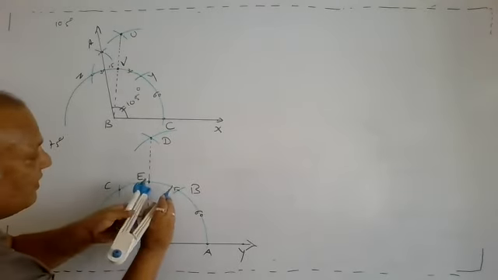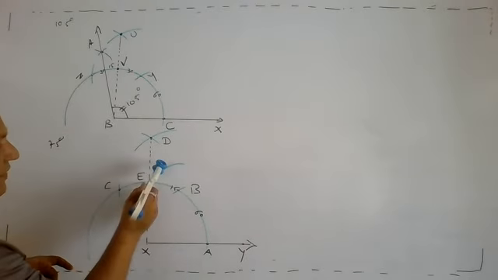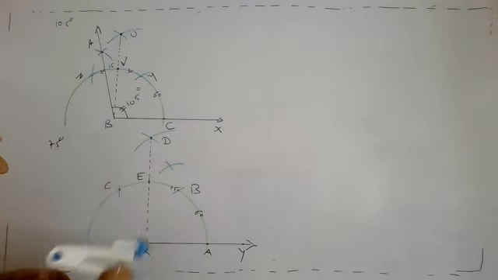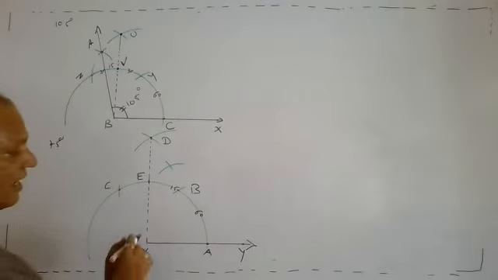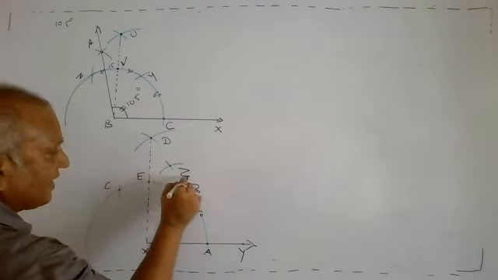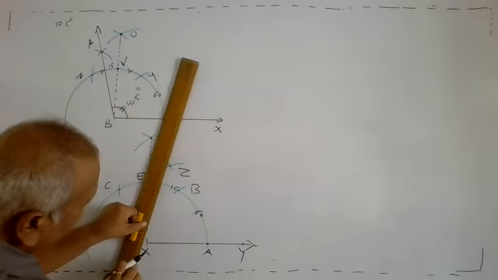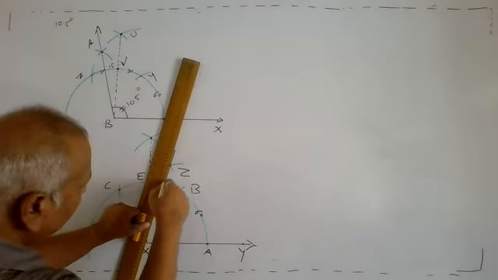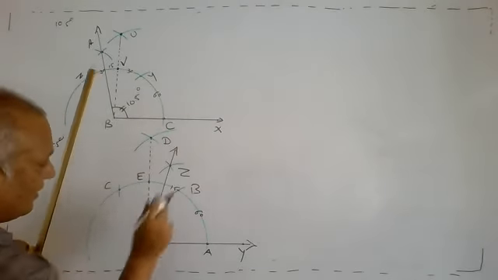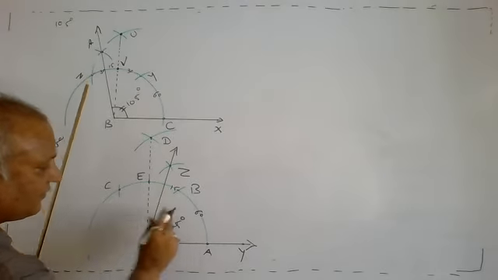So take more than half of B and E, one arc from B with the same measurement from E. Where both the arcs meet, I will give the name Z. Now we have to join X and Z. So angle ZXY is 75 degree.